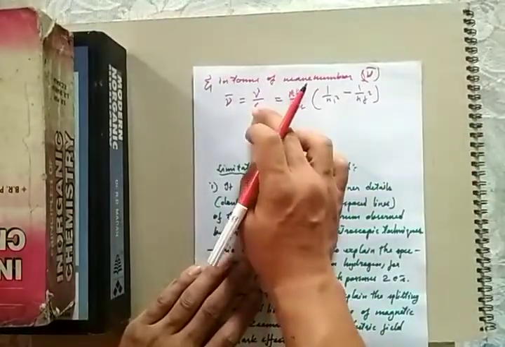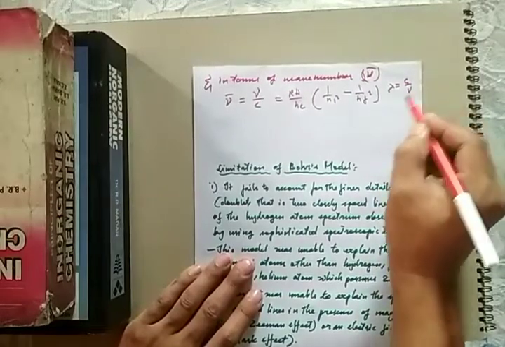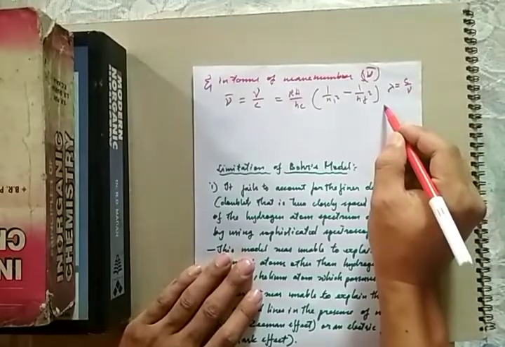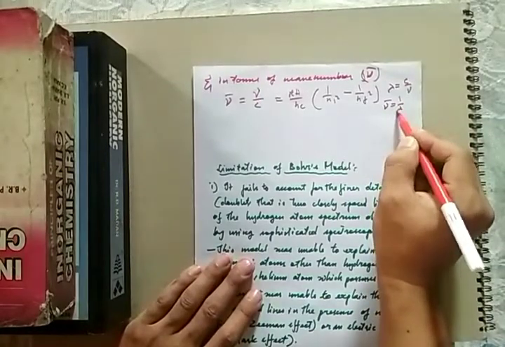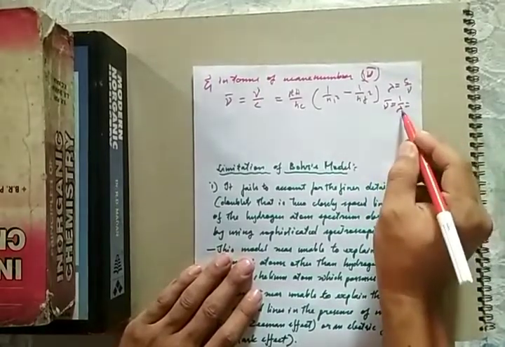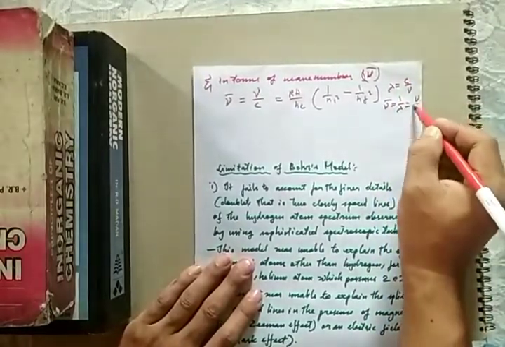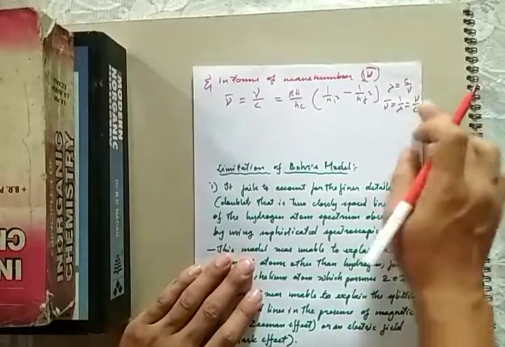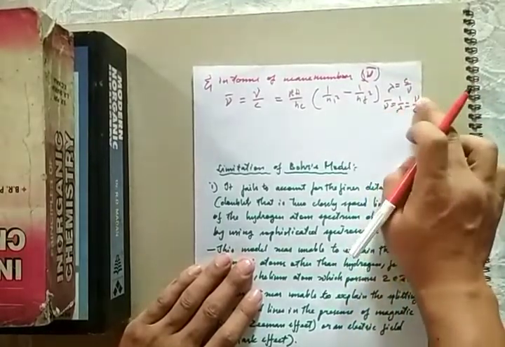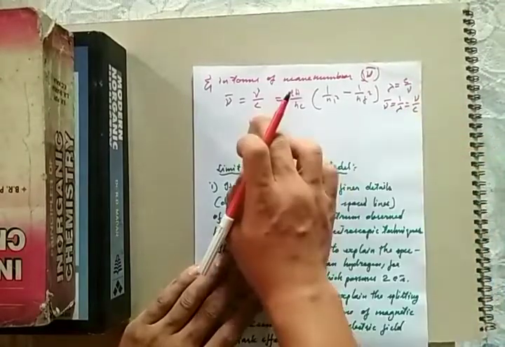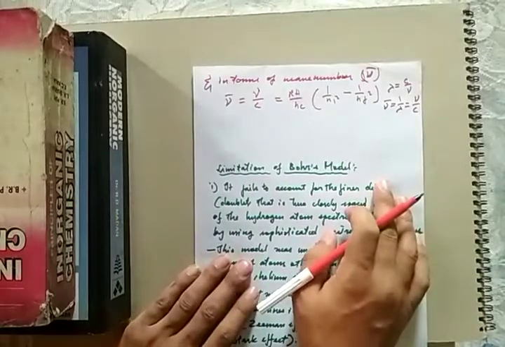So how is this value coming? Since we know lambda is equal to c by nu, and the wave number is equal to 1 by lambda. So lambda we got, this will invert, so the inverse of this value comes as nu by c, and c here is the speed of light.